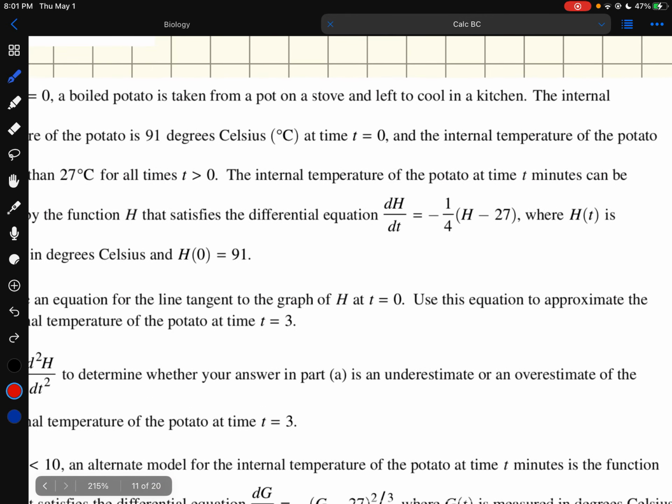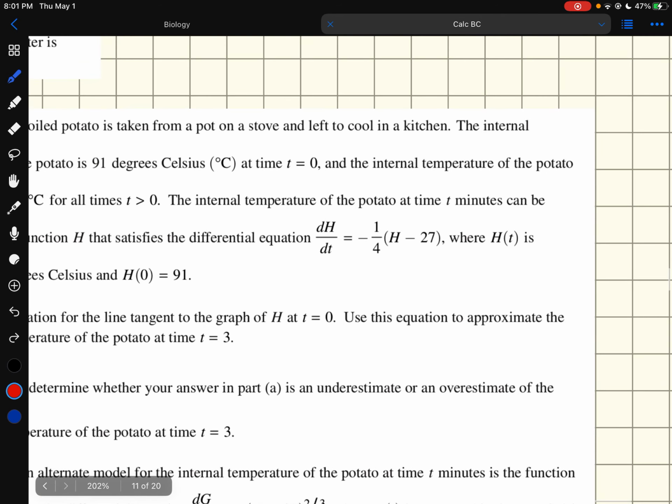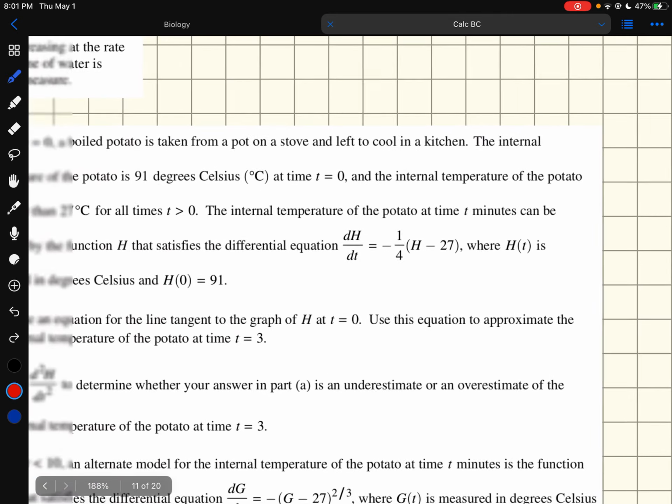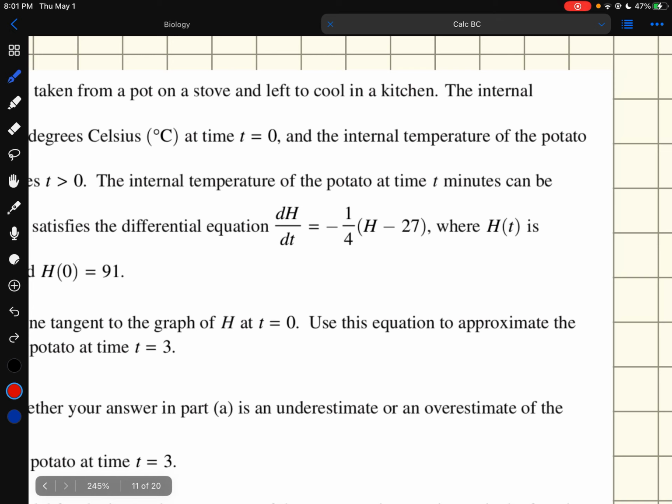So whenever the variables are confusing you, like there's an h there and there's dh dt, just change it back to terms of x and y. So this could be rewritten like dy dx, and this is negative 1/4 times y minus 27.